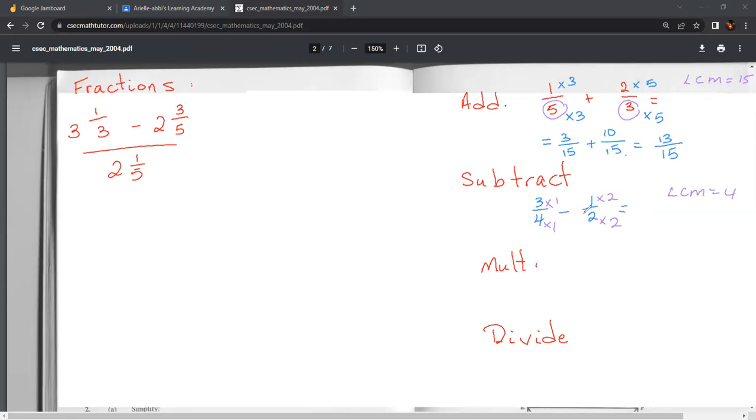So let's multiply it and see. 3 ones are 3 over 4, minus 2 ones are 2 over 4. Now that my denominators are the same, my denominator stays the same, and then I could just subtract my numerators. So 3 take away 2, that's 1. So it's going to be a quarter.